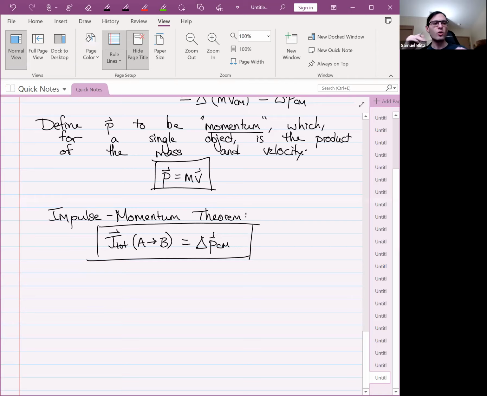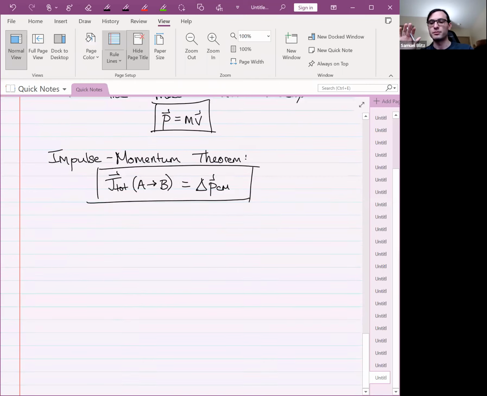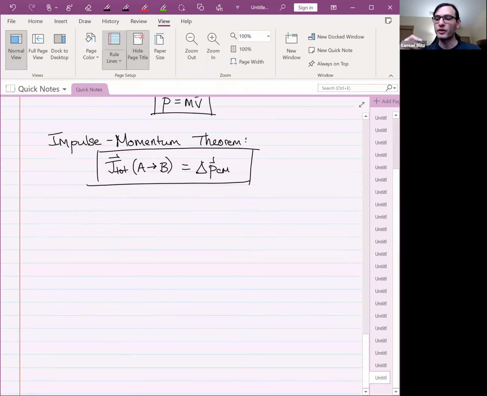Now, just as an aside, all we've done is introduce a new variable, p. Momentum is not force, and vice versa. They're related by the impulse momentum theorem, but they're not the same thing. Momentum is also not related to acceleration.